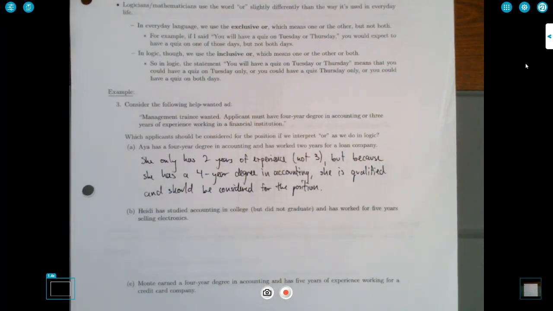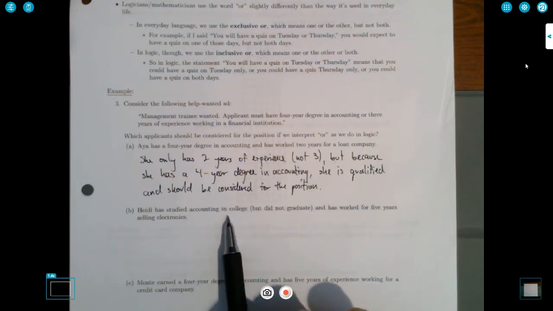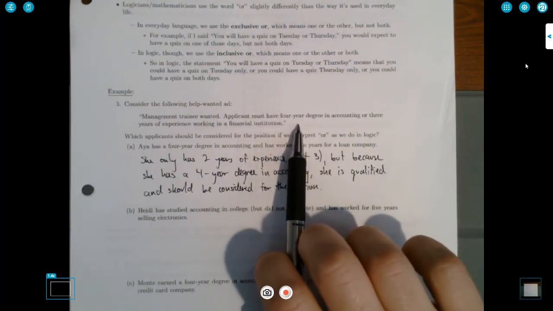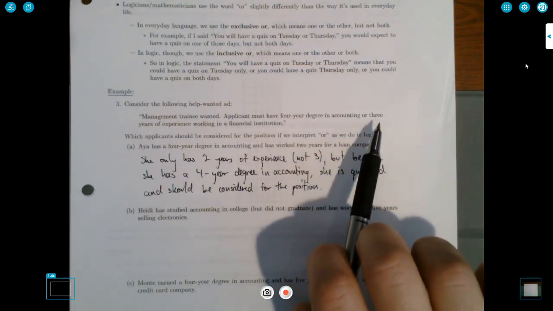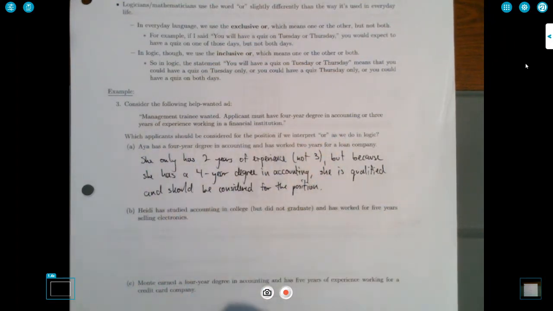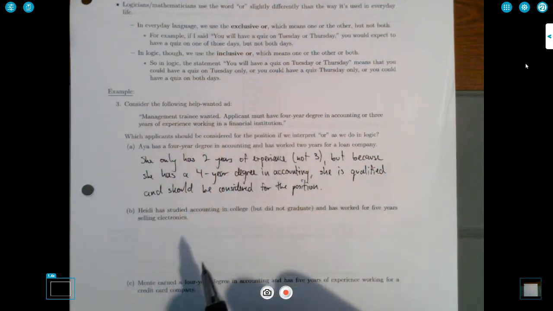Part B says, Heidi has studied accounting in college but did not graduate and has worked for 5 years selling electronics. So she's studied some accounting, but she doesn't have a 4-year degree, so she doesn't meet the first criterion. That's okay, though. As long as she has 3 years of experience working in a financial institution, she should still be considered for the job.